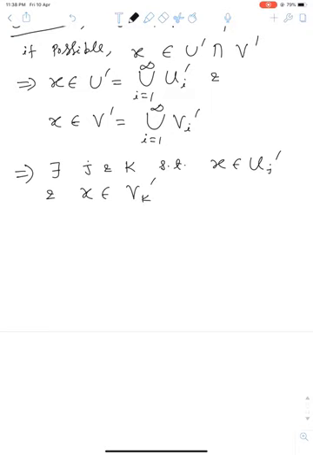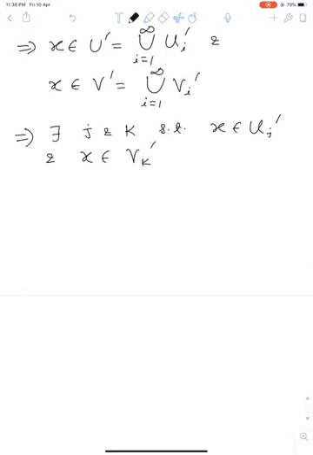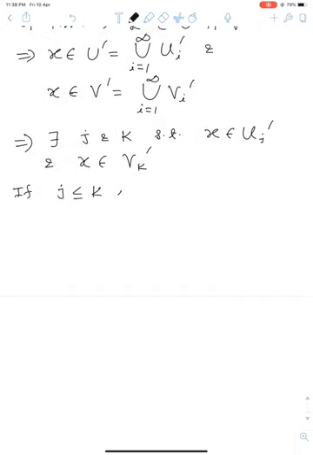Now first of all, if possible, say j less than or equal to k. Now what is my j less than or equal to k? Now from the definition we have x belongs to Uj dash.